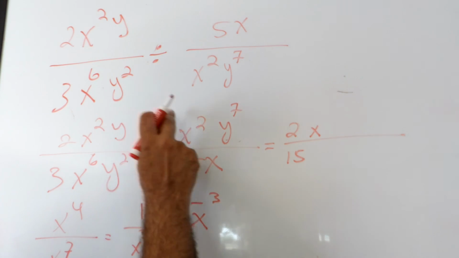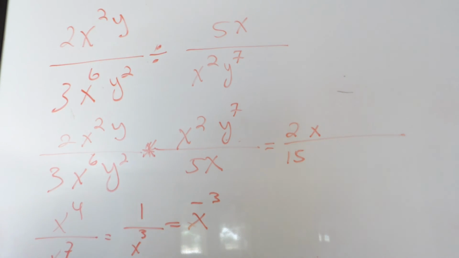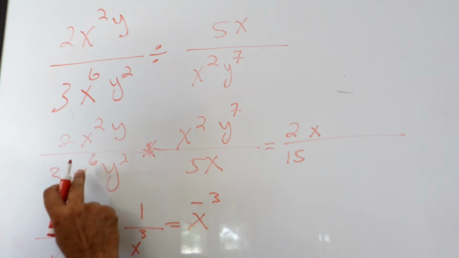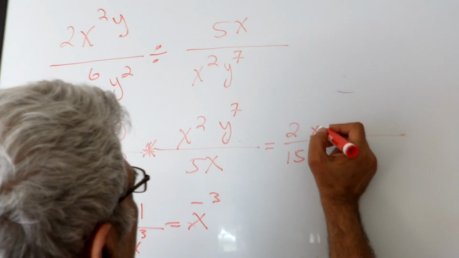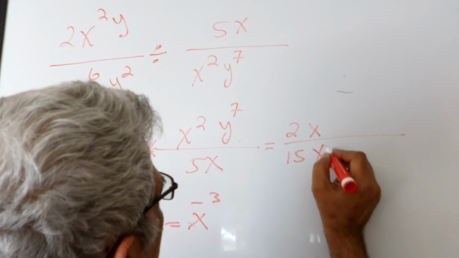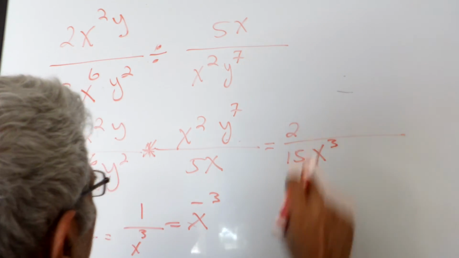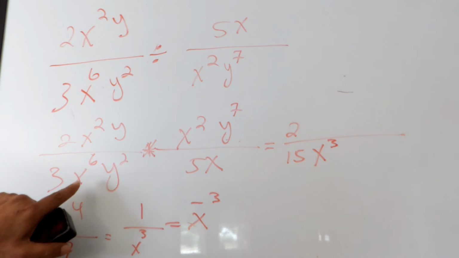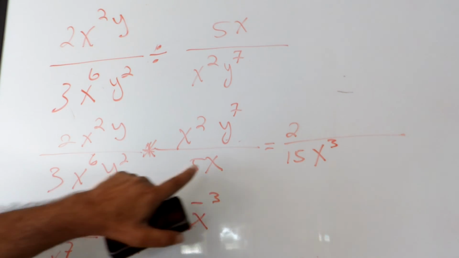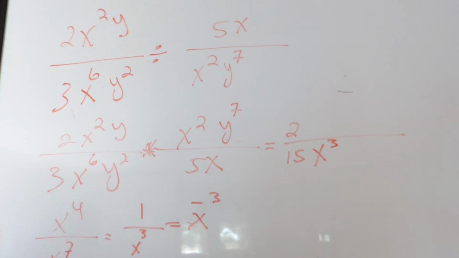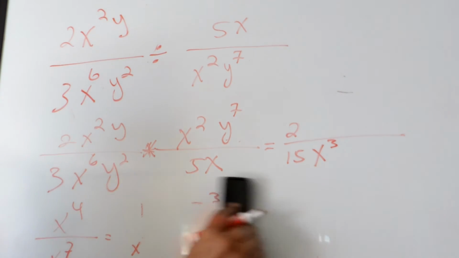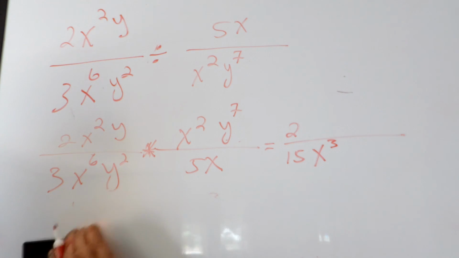This 2 plus 2 is going to be 4, and this is going to be 7, so it's going to be x to the power of minus 3. Or we can write it here, x to the power of 3. Because the degree of x at the bottom is 7, at the top is 4, so it's going to be 3.